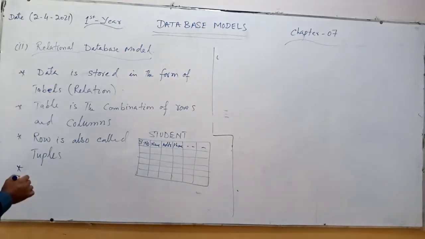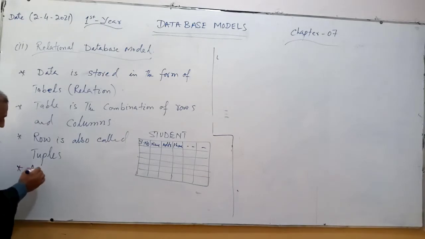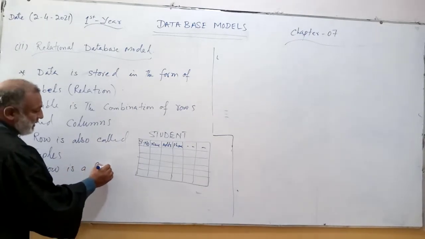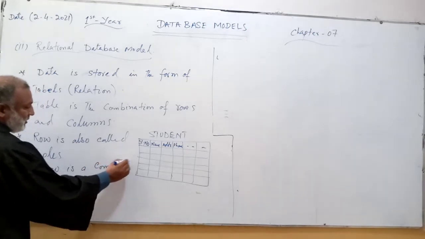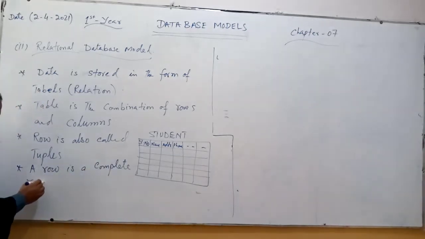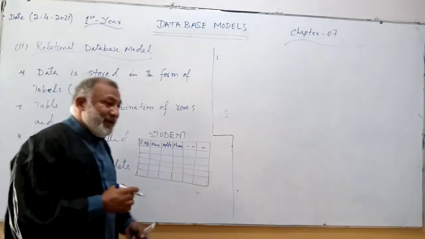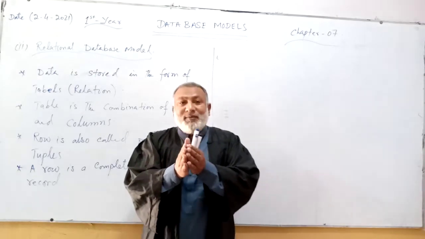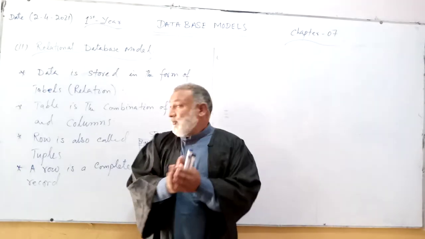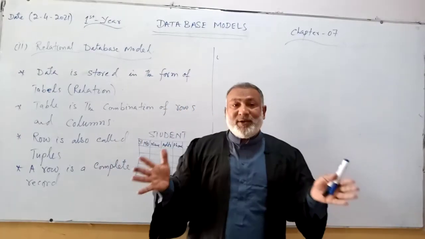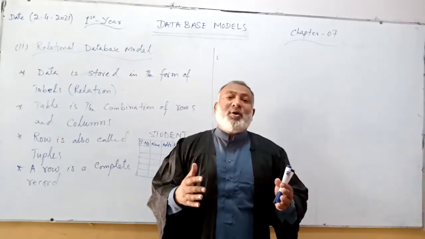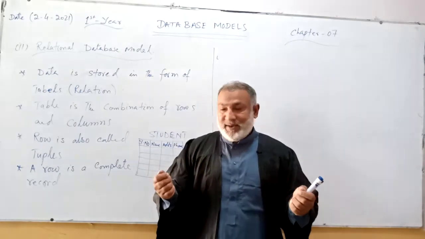The row is also a complete record. So if we start from the very simple thing, basically we have fields. Fields means columns. When related columns are combined, they make a record. When related records are combined, they make a table.